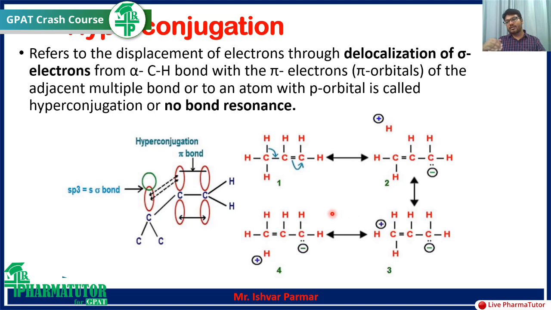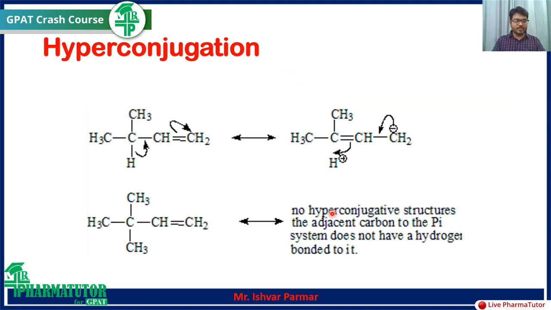This concept is a hypothetical concept. In this structure you always have to remember that it must have an alpha hydrogen present. This is the adjacent pi system, this is the alpha carbon. The alpha carbon has one hydrogen, so it forms a no bond resonating structure.